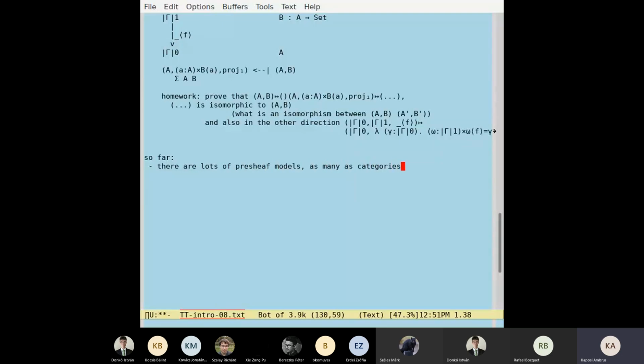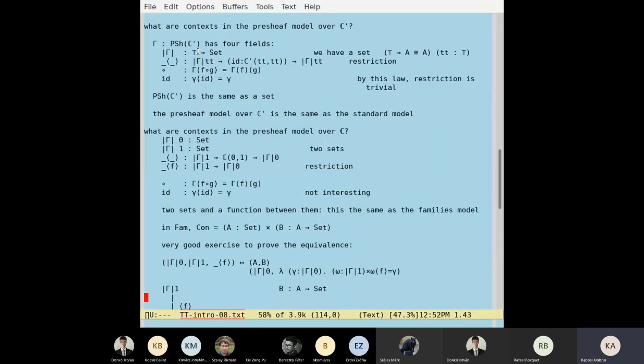Each category induces a presheaf model, and a context in the presheaf model for this particular category is a presheaf over C. Presheaves are just a technical term for these four components.